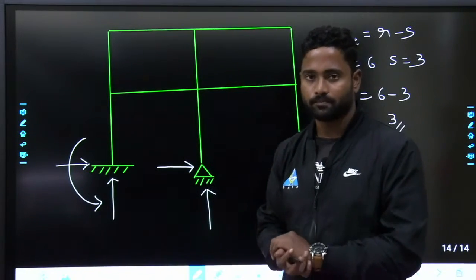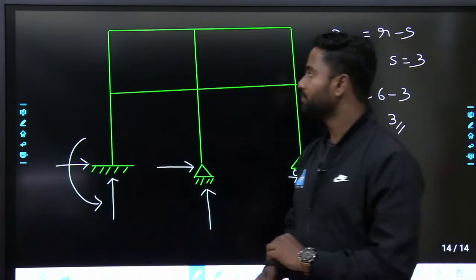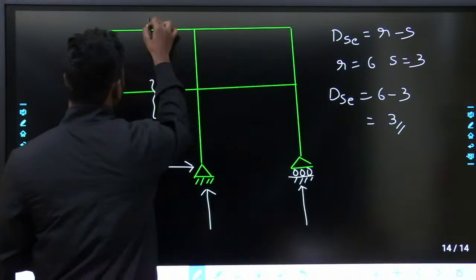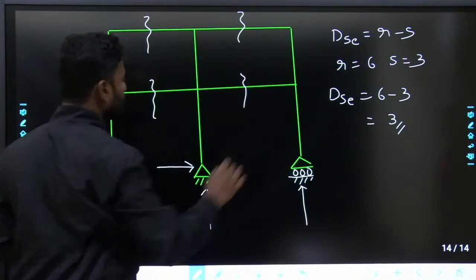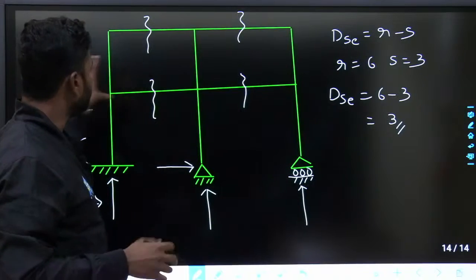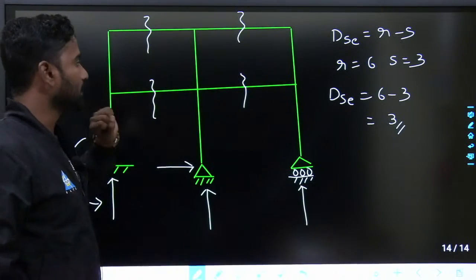Well and good. Now, for calculating overall static indeterminacy, you have to provide the cuts. So I'll cut it over here: 1, 2, 3, 4. You have to check before cutting. If I cut, this will be a separate structure, this will be a separate structure, this will be a separate structure. You will cut like this.